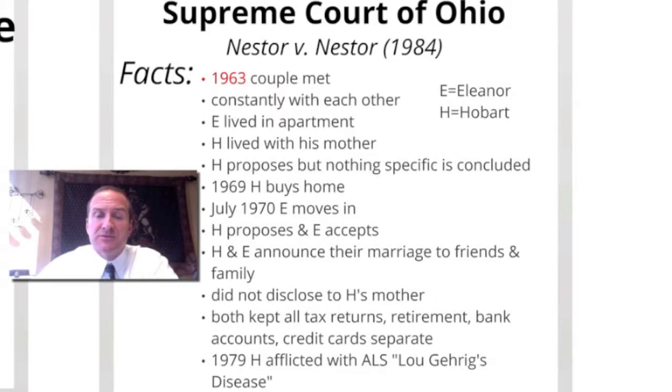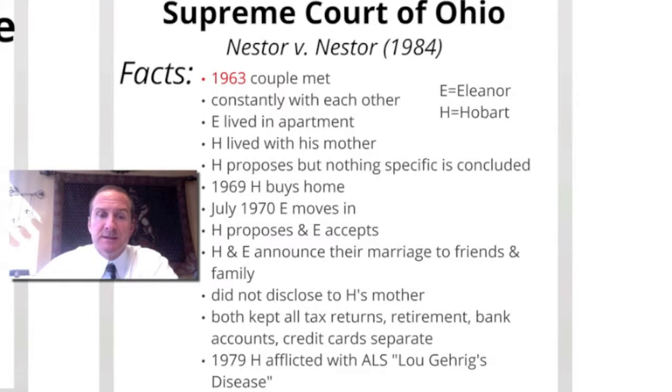They did not disclose to Hobart's mother that they were getting married. Hobart made a request of Eleanor to keep their tax returns, their retirement accounts, their bank accounts, and their credit cards separate. In 1979, Hobart was afflicted with ALS, which is Lou Gehrig's disease.